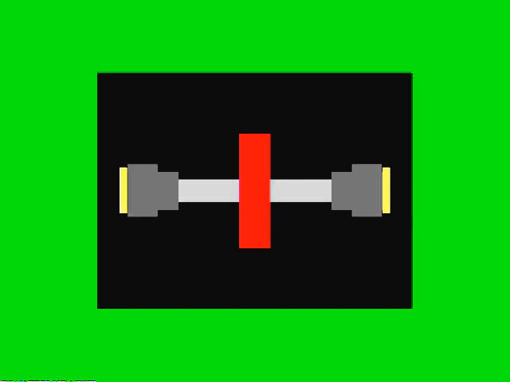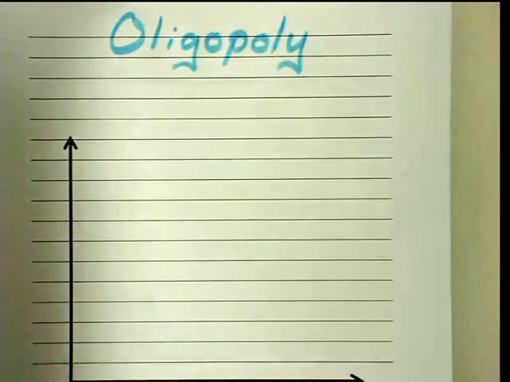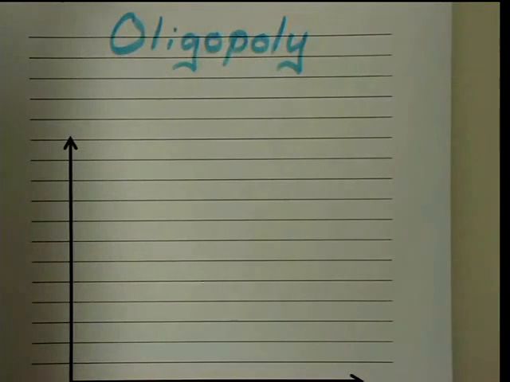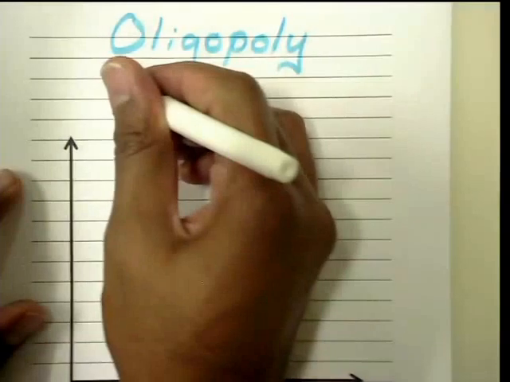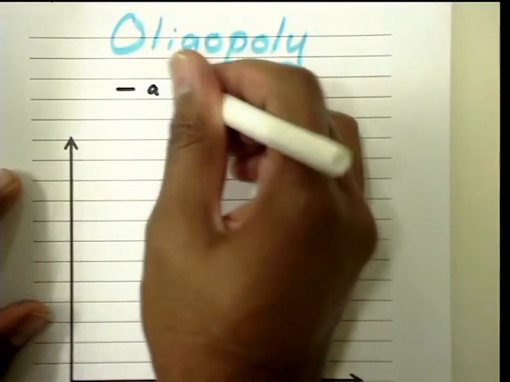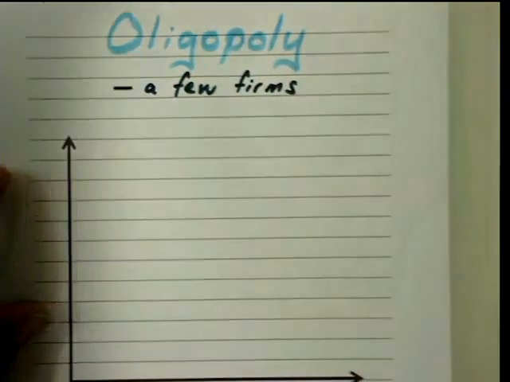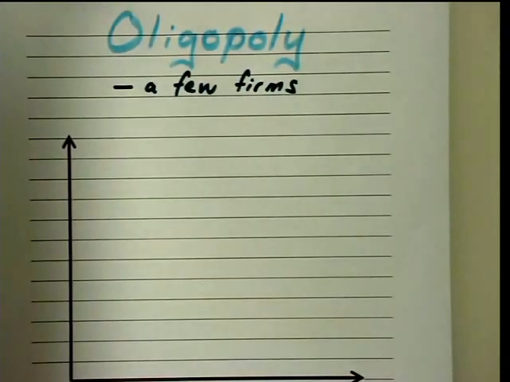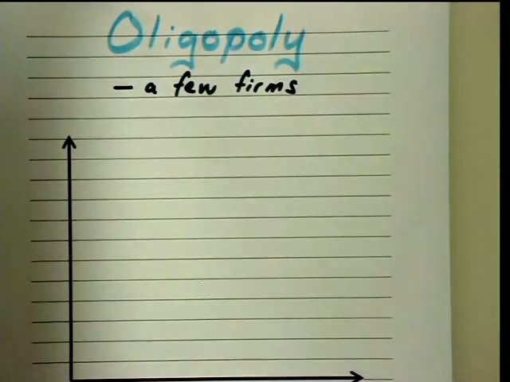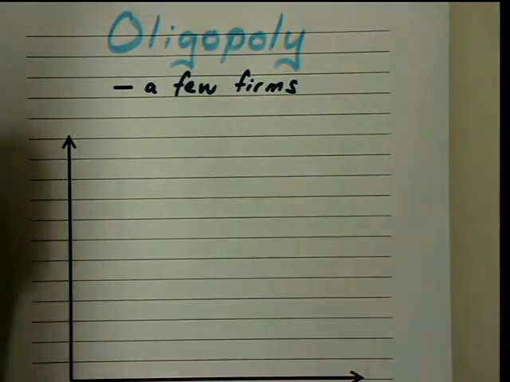So there are four market structures, one of which is known as oligopoly. An oligopoly is a market structure with a few firms. Why are there a few firms?